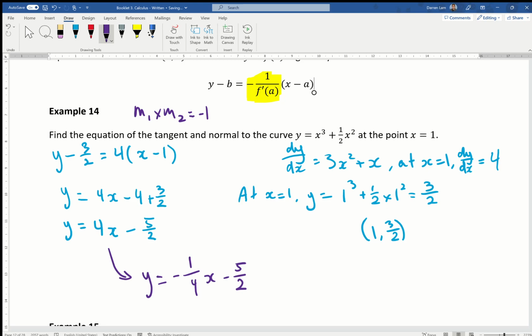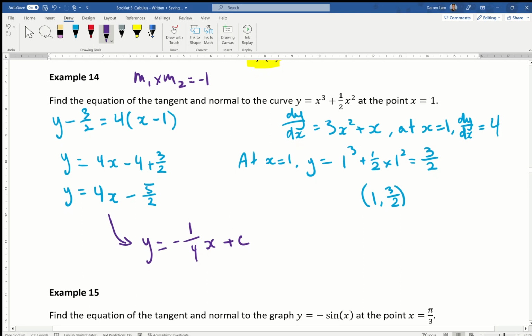Why is this incorrect? Why is this wrong? Graphically speaking, if I've got a function, let's say the tangent's like this, and the normal function looks like this, is my y-intercept going to be the same? No. We have to apply, you can either use the previous formula, or you can just use your y equals mx plus c, and substitute the same point in.